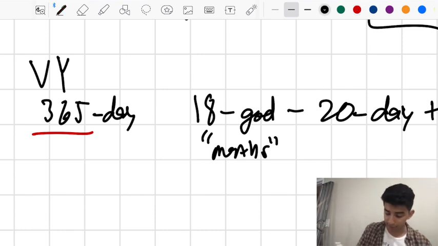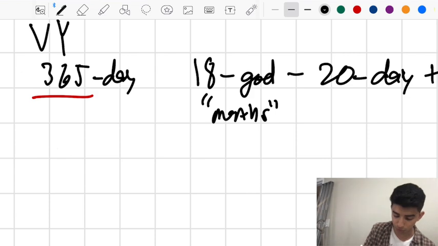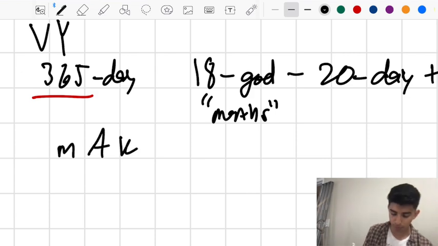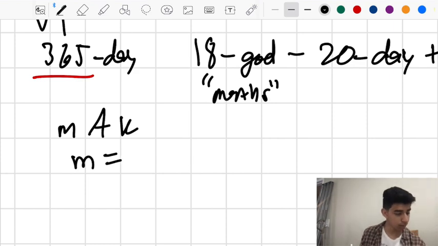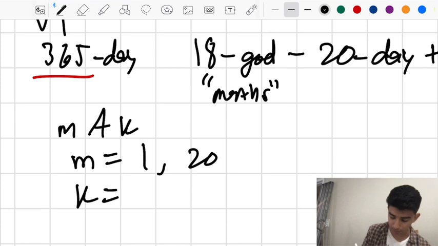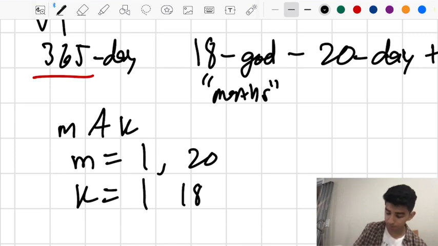Days in this cycle are formatted in an MAK format, where M is a number between 1 and 20, and K is a number between 1 and 18.